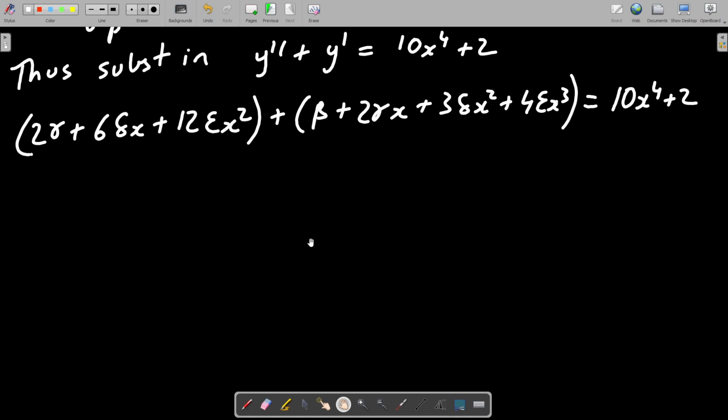Wait a minute. It must be modified here. You all understood what is the problem, no? On the LHS, there is no degree 4 term. So when you equate the LHS and RHS, you will be getting 10 is equal to 0. Because there is no degree 4 term on this side.